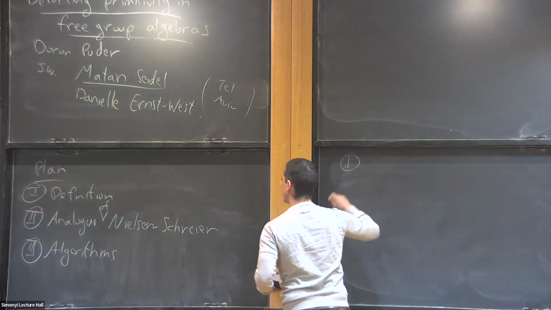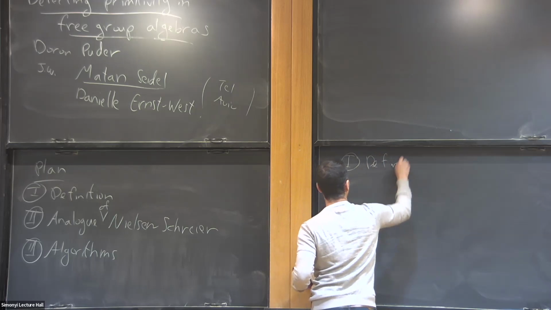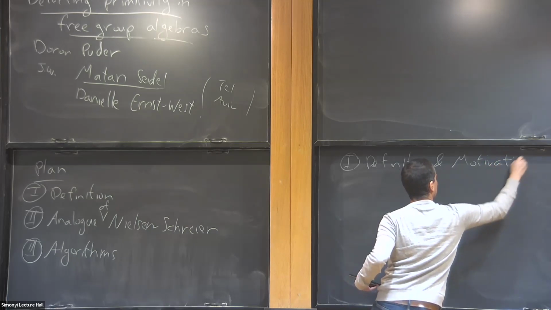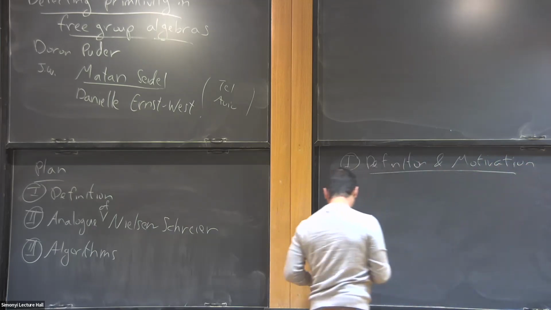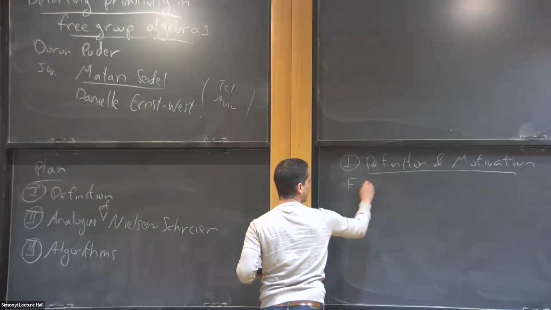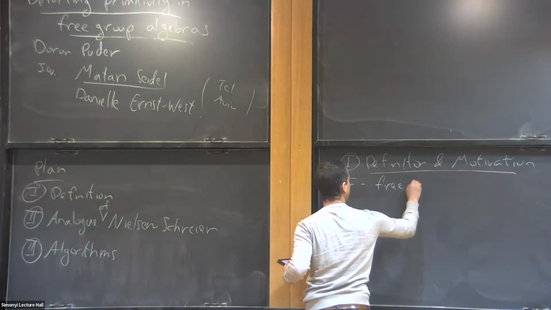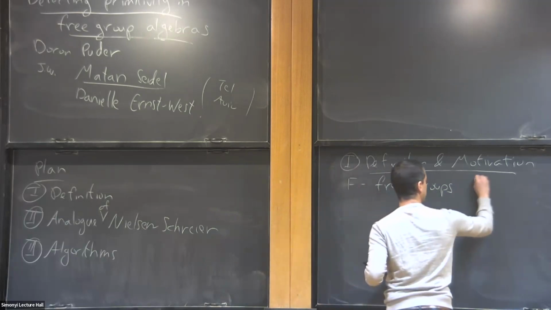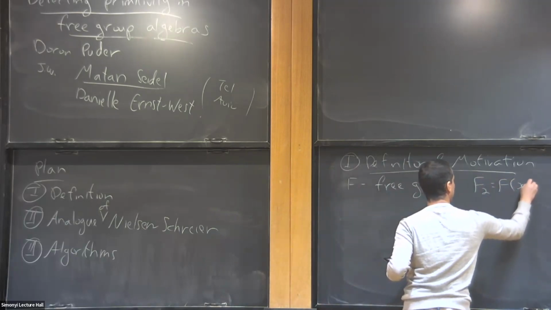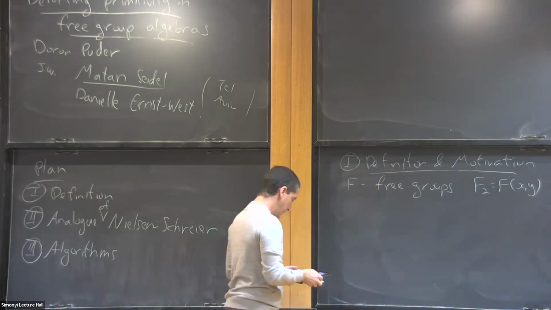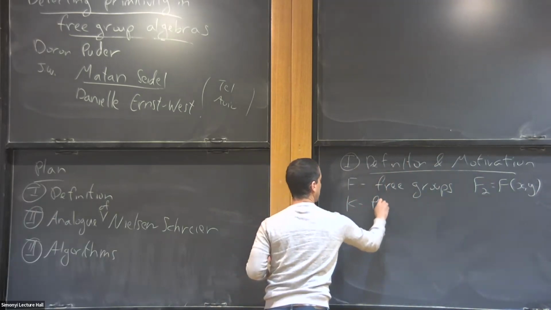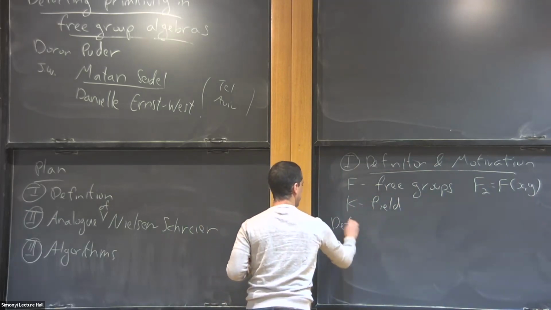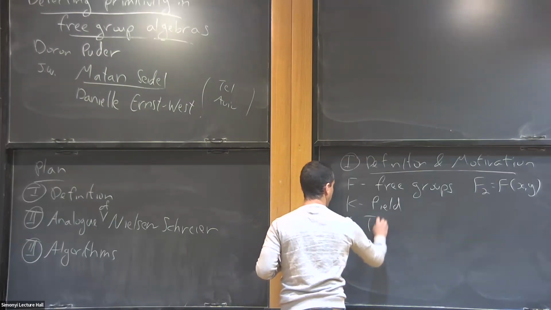Let's start with the definition and motivation. Throughout the talk, F is going to be some fixed free group. For most of the examples, I'm just going to think about F2, the free group on two generators, which I will denote by X and Y. And K is going to be an arbitrary field. What is the free group algebra?